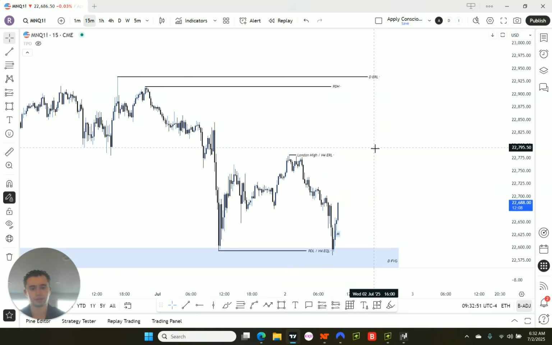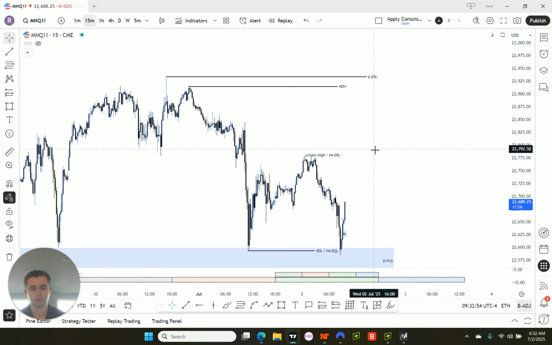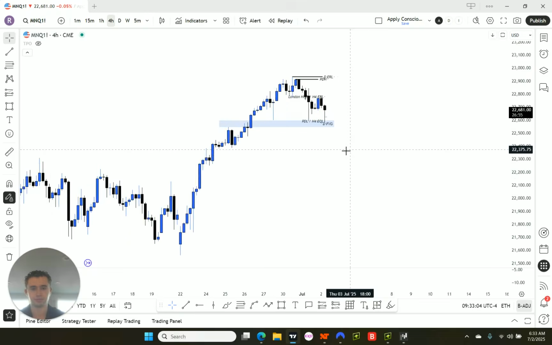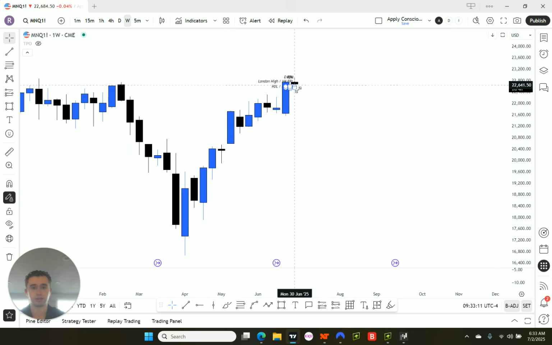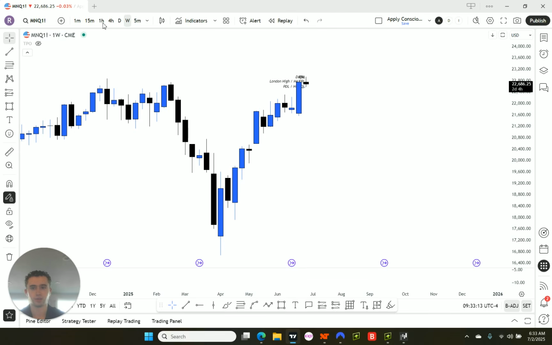Just gonna wait on this. It's kind of pissing me off, though, I'm not gonna lie. Yeah, I would say there's definitely alignment in that. Weekly is probably just going to form a fair value gap.